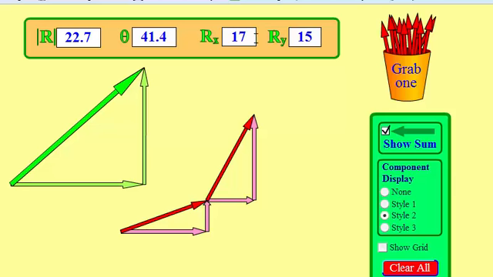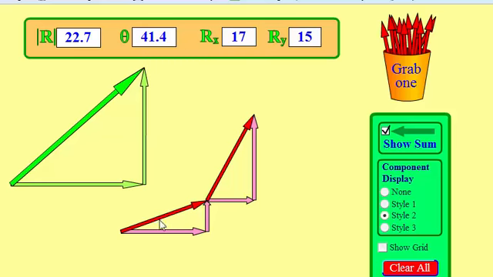If we square those, add them up and take the square root, in other words Pythagoras them, indeed we get 22.7 right there. And then if we do the inverse tangent of the y part, 15, over 17, put it into your calculator, you'll see you get exactly 41.4 degrees.